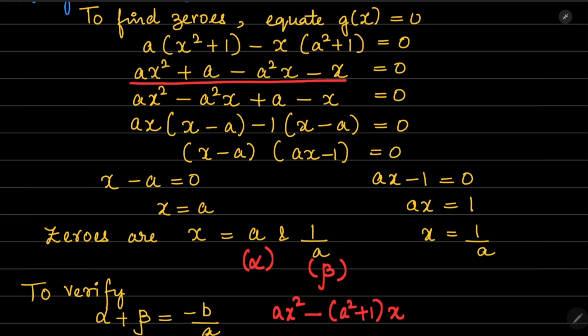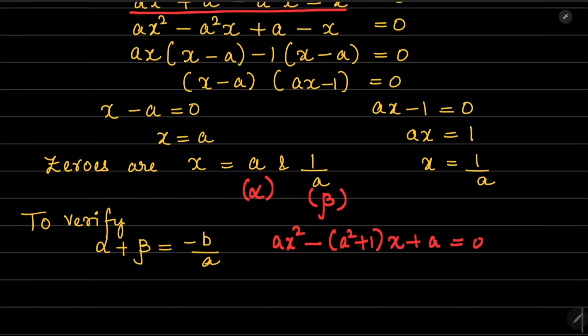Okay, so what I have taken is, I have taken minus common out and then a square and then 1. Okay, so I have taken x common out from these two terms, and the last term will be plus a equal to 0. So this is your given polynomial, because I have written it of the form ax square plus bx plus c. Okay, so the c term is a constant term which does not have any variable in it.